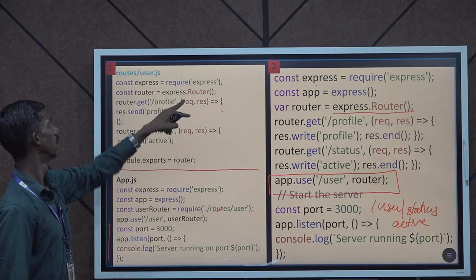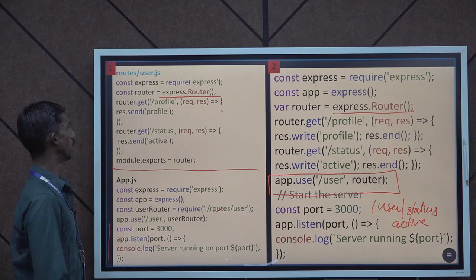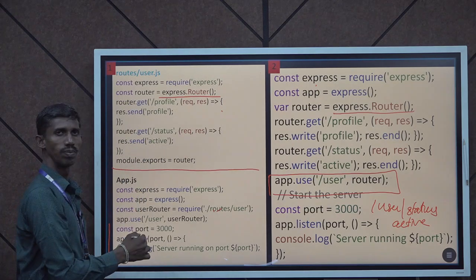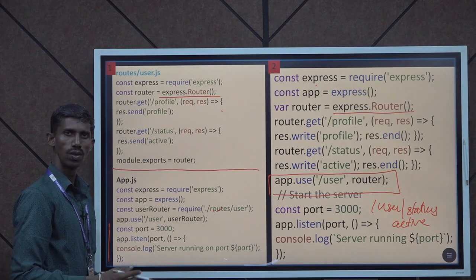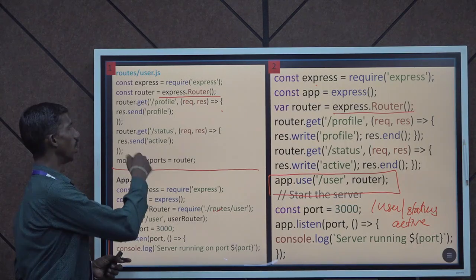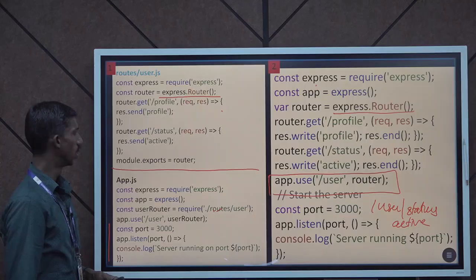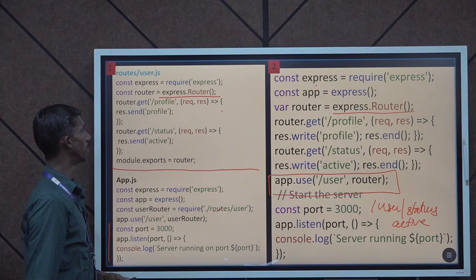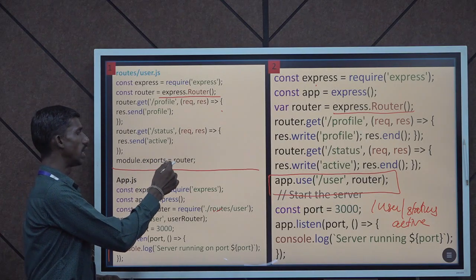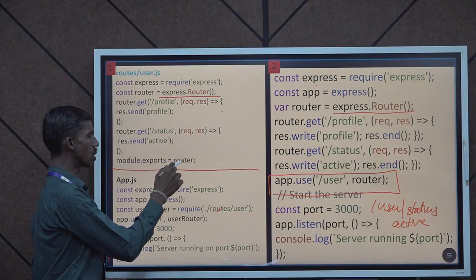Then again we have to create an express object, with different HTTP methods, each performing a specific operation. All user related operations are available with the different endpoints. At last we need to export the router object. That's why module.exports is equal to router.